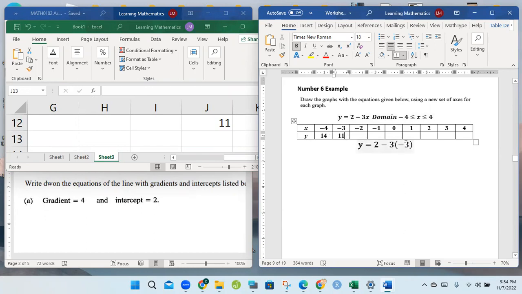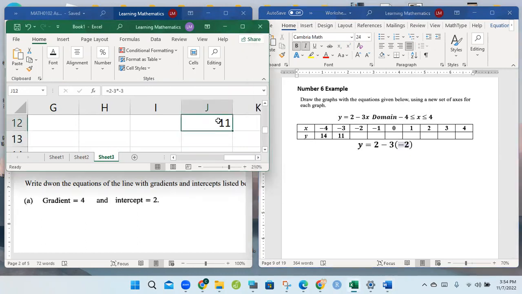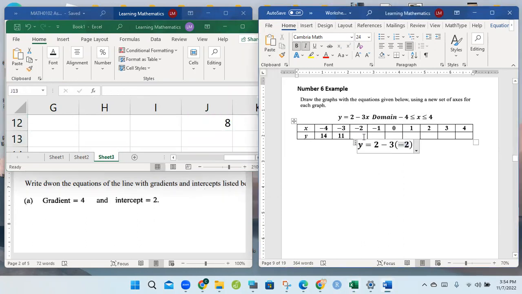So we're going to substitute -2. And let's see what we get. We're supposed to get 8. And here it is, 8. So that also ties in nicely with the definition of the gradient. Each time the x value increases by 1, the y value varies according to the gradient, and the gradient here is -3.